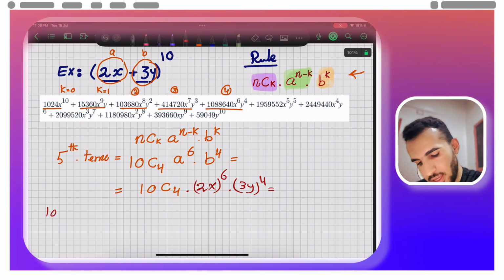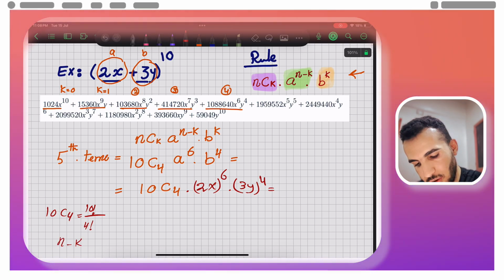10 choose 4. We explained it before, which is going to be 10 factorial over 4 factorial times (n minus k) factorial, which means 10 minus 4. So 10 minus 4 will be 6 factorial.